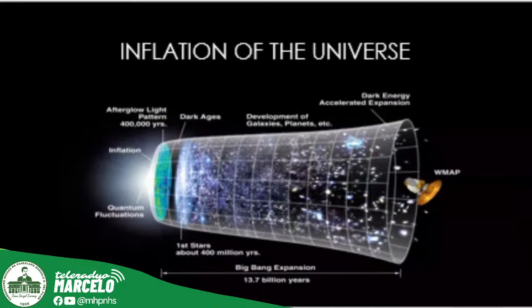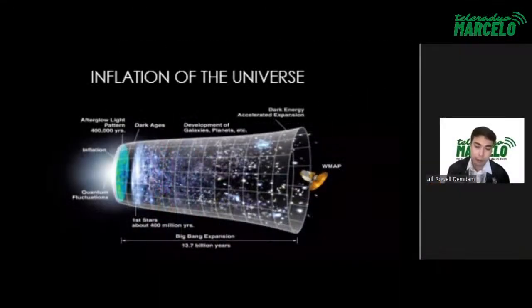When the universe was just 10 raised to negative 34th power second old, it experienced an inflation, which is an incredible burst of expansion. The expansion was so great and faster than the speed of light. During this time, the universe doubled in size at least 90 times. And after inflation, the universe still expanded, but at a slower rate.